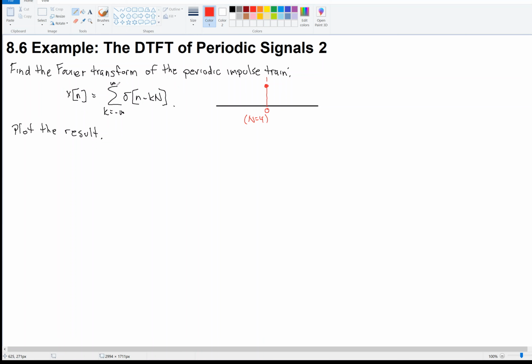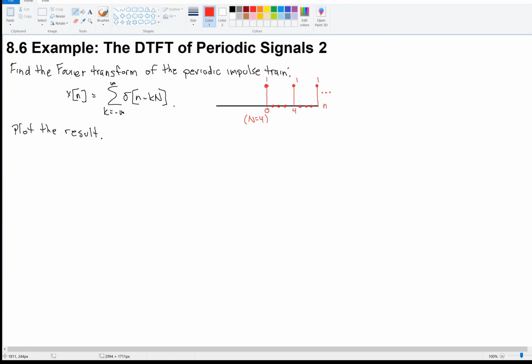Well, when k equals 1, we have delta of n minus 4. That is 1, 2, 3, an impulse at n equals 4. Now when k equals 2, delta of n minus 8: 5, 6, 7, 8. I think I get an idea of what's going on.